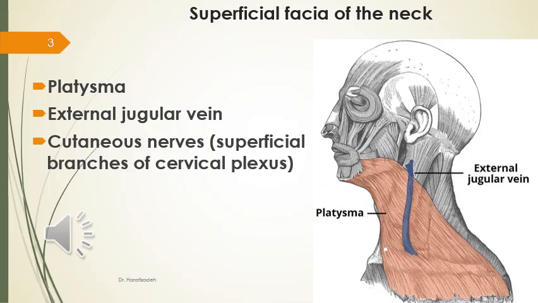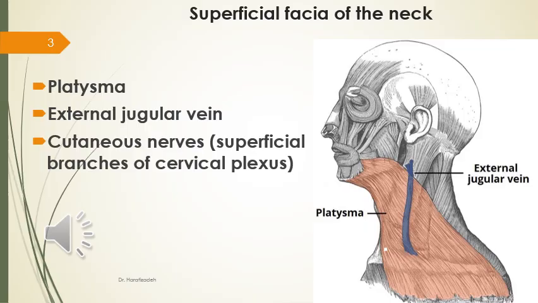In individuals, you can see the external jugular vein in the lateral aspect of the neck.